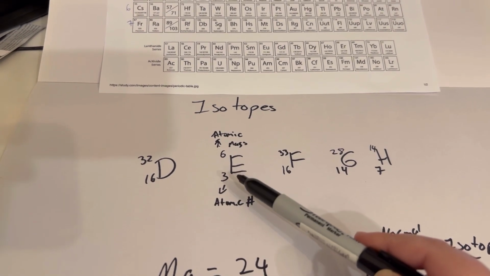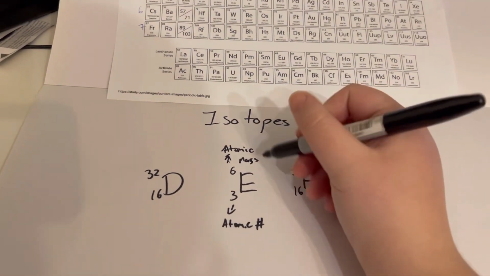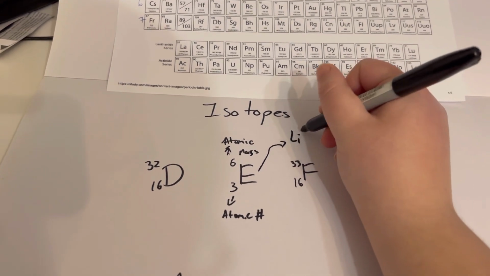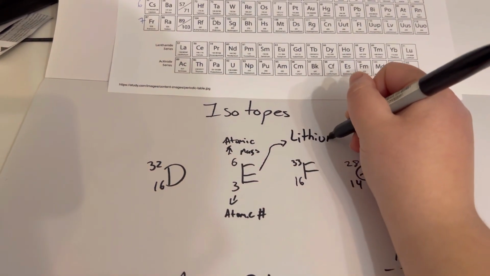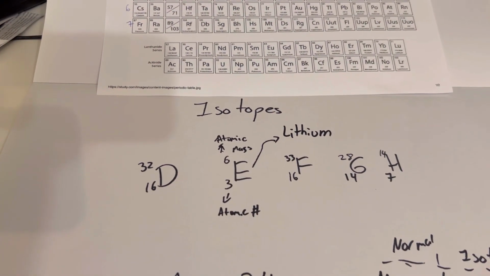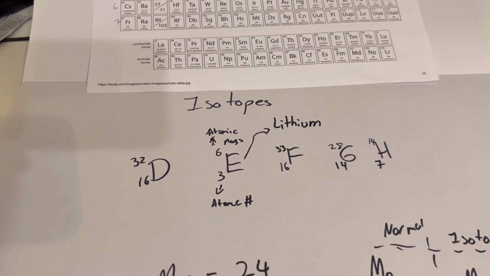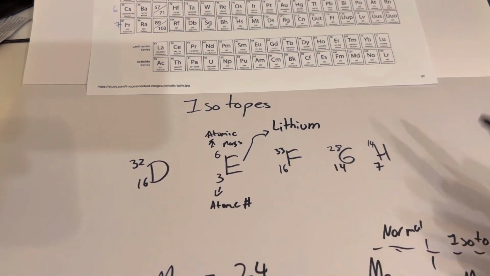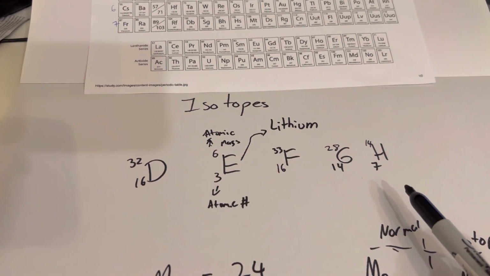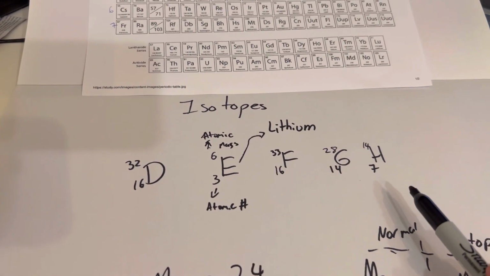So I know that atomic number 3 and a mass of 6, this element here is lithium. Okay, that's it. So you can go through and identify each of the rest of these elements. Pause the video and do that. So identify the isotope and identify what each of these elements are.